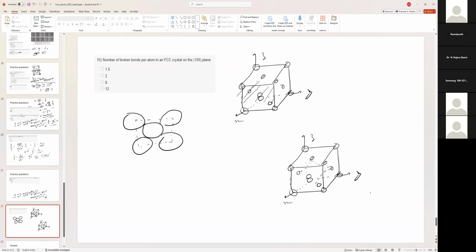This plane is formed by the face center atoms of the plane behind it. So if you see in this figure, there's an atom sitting behind here, there's an atom sitting behind here, there's an atom sitting behind here.